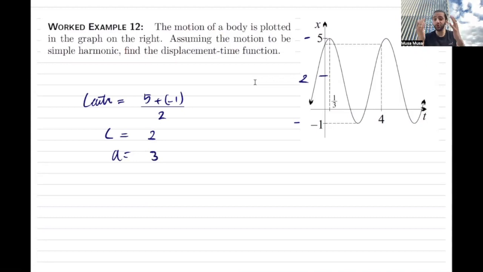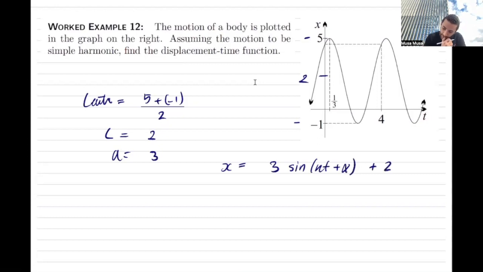Perfect. Now you can choose, do you want to use sine or cos? I really don't care. But let's just choose sine, it doesn't matter. So you're going to say 3 sine (nt plus alpha) and then plus 2. I want you to consider this.